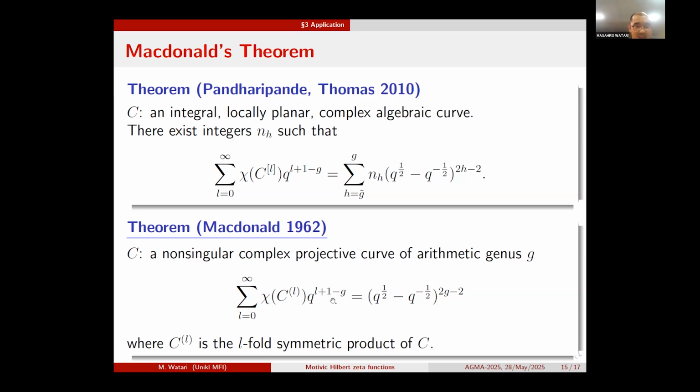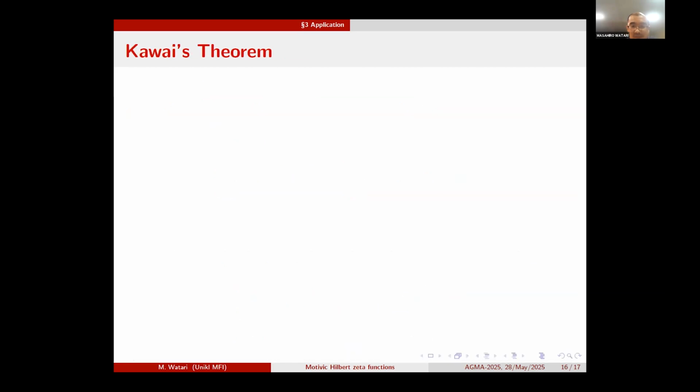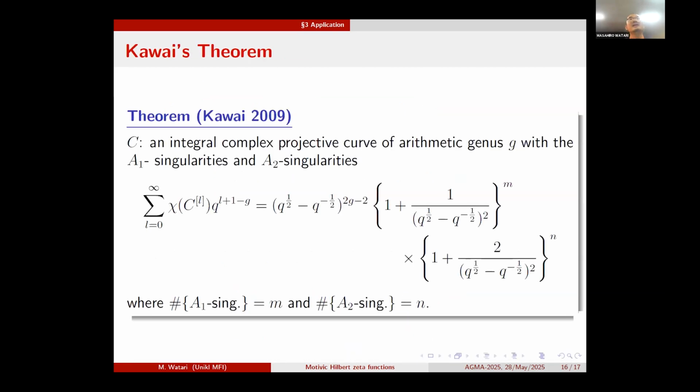After this theorem, Kawai generalized this result in the following way. Kawai allows the curve to have some singularities. So now she has a curve with A1 singularities and other singularities.